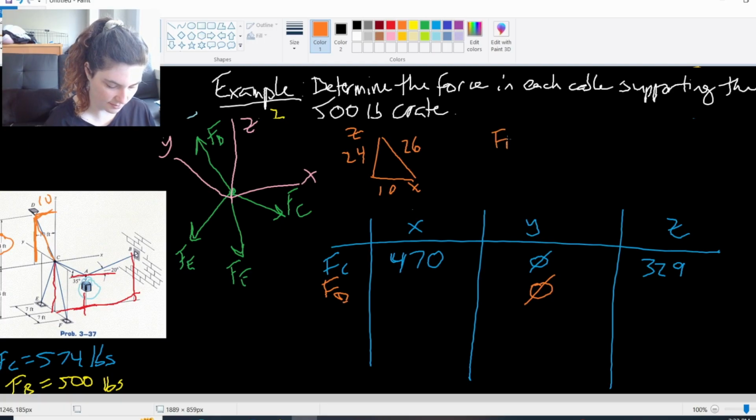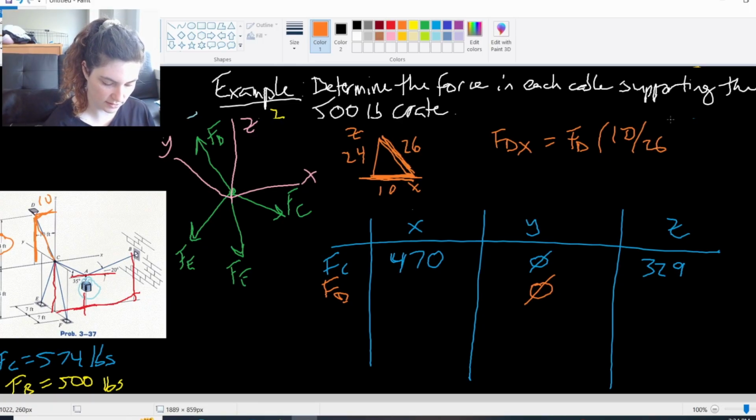So I have FD in the x direction is going to be FD times that ratio. In the x direction, it's 10 over the total 26. So my FD is 10/26, and notice it is going in the negative x direction, right?